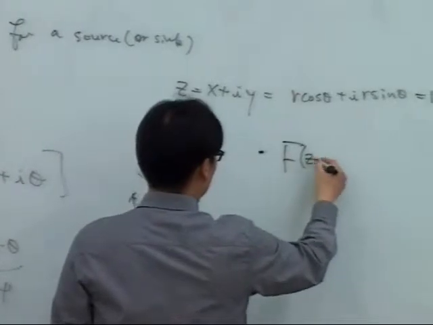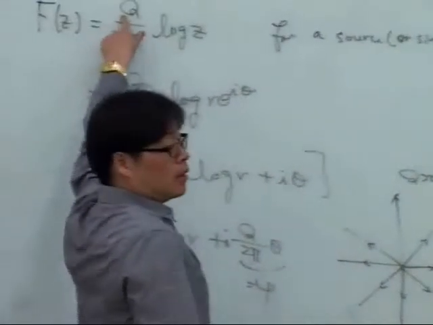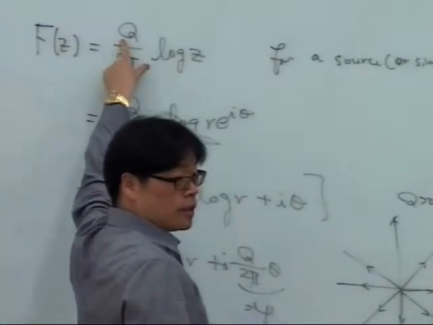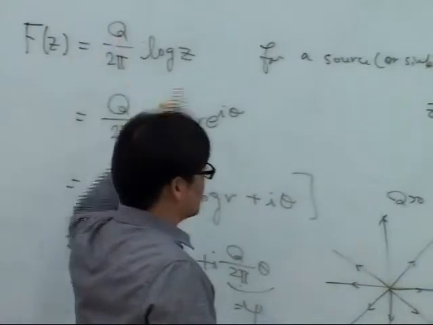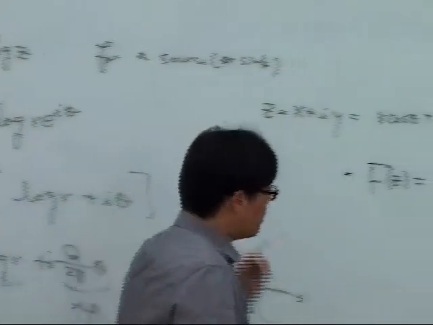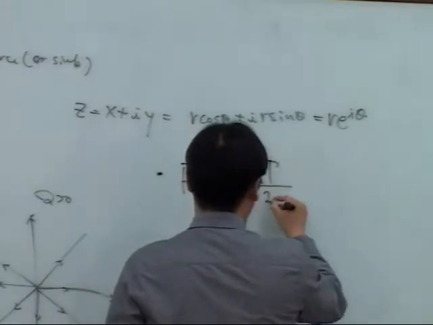What if, instead of a real Q, I have an imaginary strength like this?